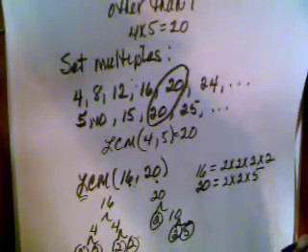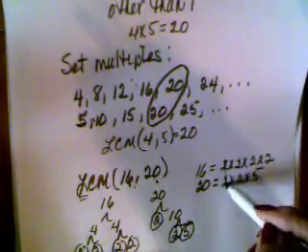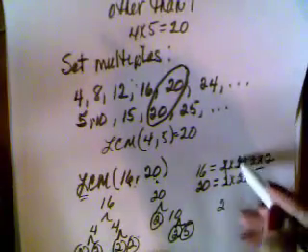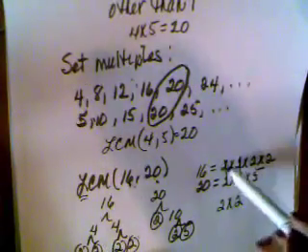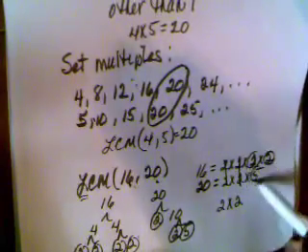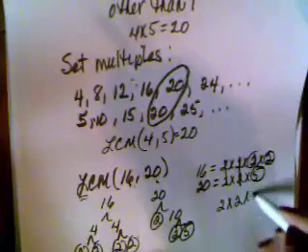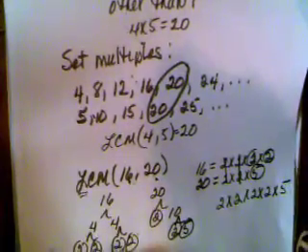Now, for the greatest common factor, we pair and only use what's common. We still do that for the least common multiple. We still pair. But any factor that is left over has to also be put into the product.